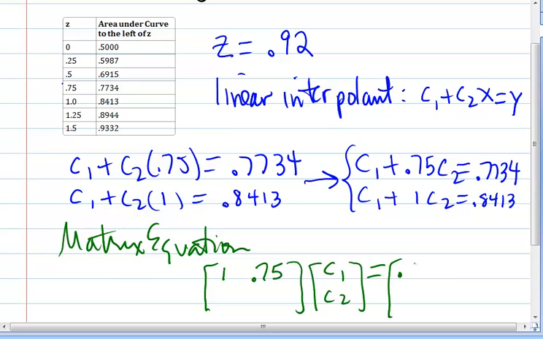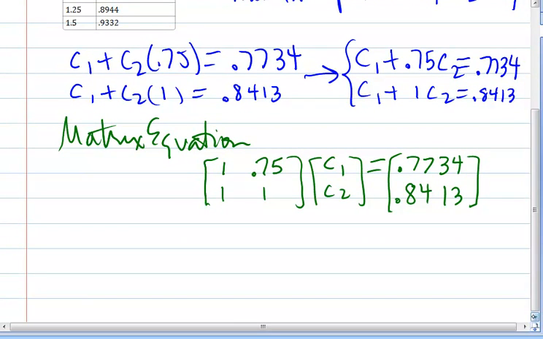The constants to the right of the equal sign in my system are 0.7734 and 0.8413. The second row is 1 and 1. So there's my matrix equation.